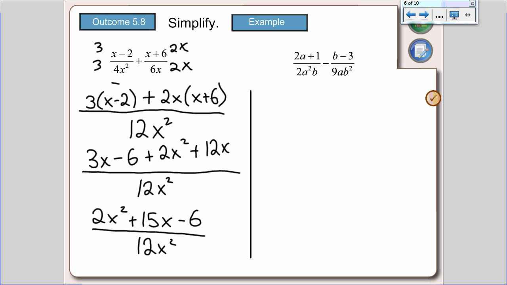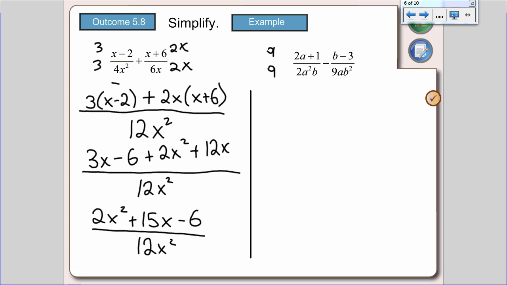Okay, this next one. Look at your constants first. 2 and 9. What am I going to have to multiply this to get 18? 9. So times by 9. A squared. That's the most there is, so I don't have to multiply by any a's. B squared. How am I going to get b to become b squared? Times by b. So on the top and the bottom, I'm doing 9b. The next one.